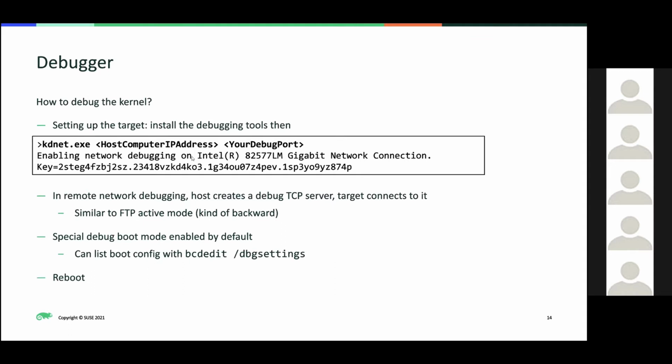It will print out which interface will be used for remote debugging, and it will print out a key which the host has to know. You have to tell the host this key; it's basically an authentication mechanism to prevent anyone from debugging your machine.